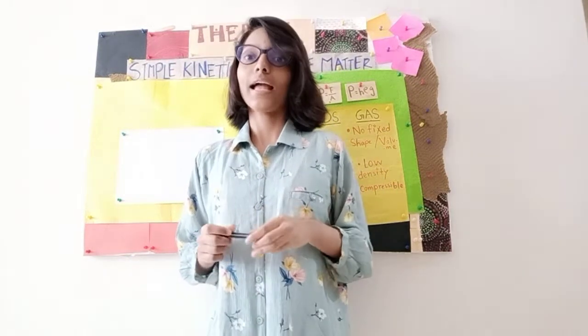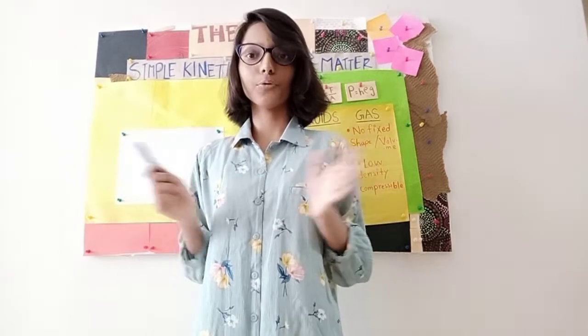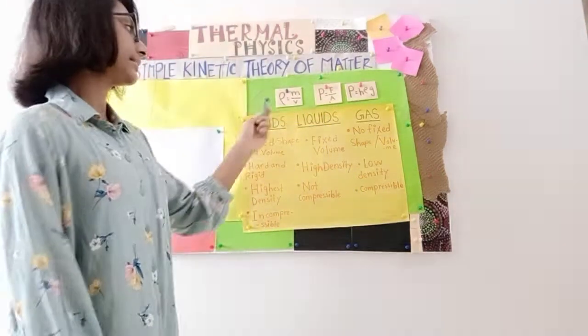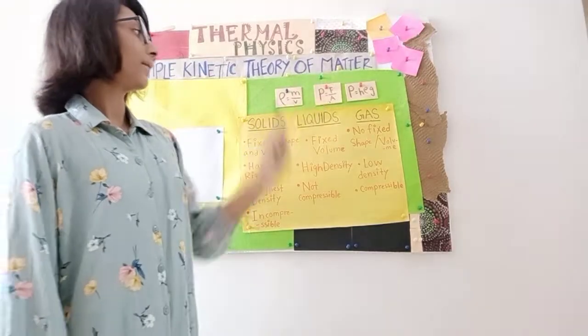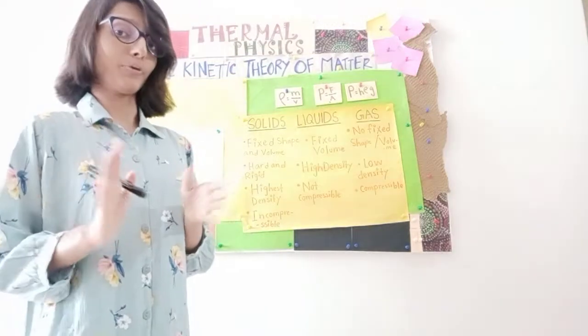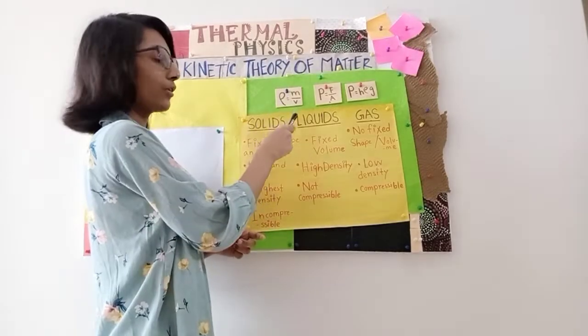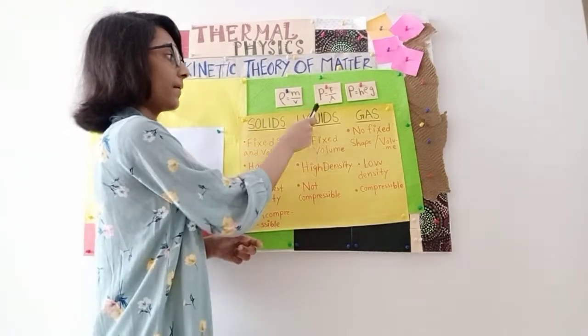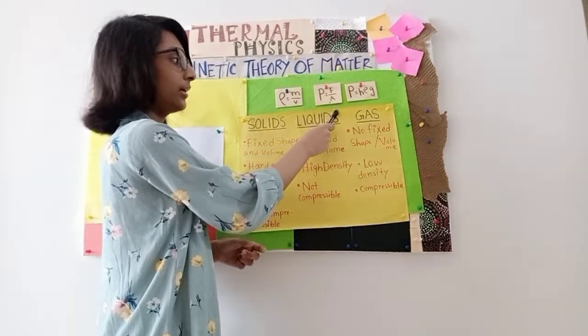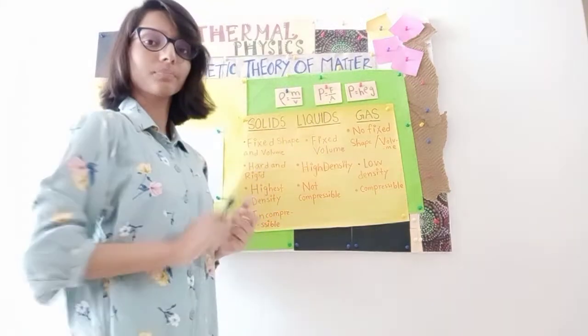Before I actually start speaking about this chapter, I will request all of you to look at these small papers and see what is written here. Let me read it out for you. The first one says density equals mass by volume. The second one says pressure equals force by area. And the third one says pressure equals h rho g.